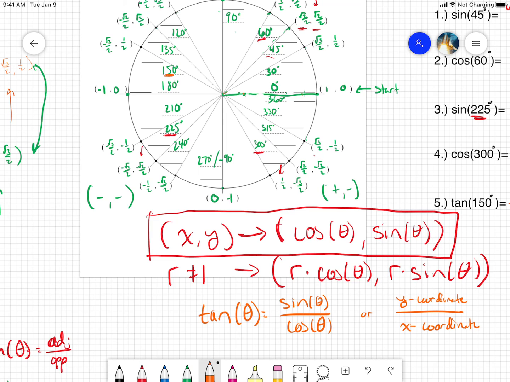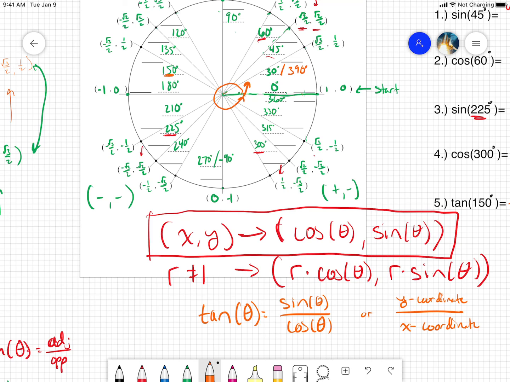But one thing I also want you to think about, so I can use my calculator for the other values, but another thing is if I go all the way around once, I've gone around 360 degrees. So if I go around once and go another 30 degrees, this is the same thing as going 390 degrees.